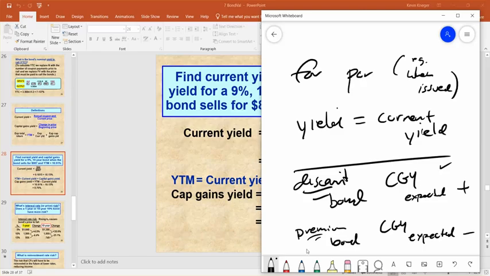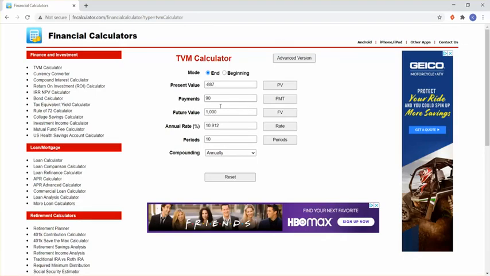Let's show you one quickie. Take this one I had in here: 887, 9% coupons, $1,000 future value, the yield's 10.912. If the yield stays the same, let's just leave the yield at 10.912. What if I go from 10 years to go to 9? What does my present value do? It goes up a little bit. And to 8, it goes up a little bit.